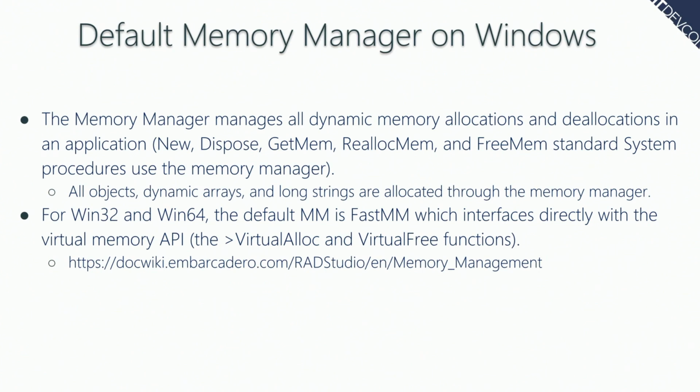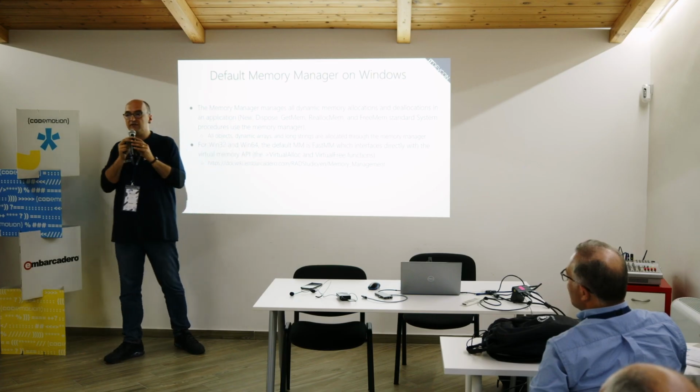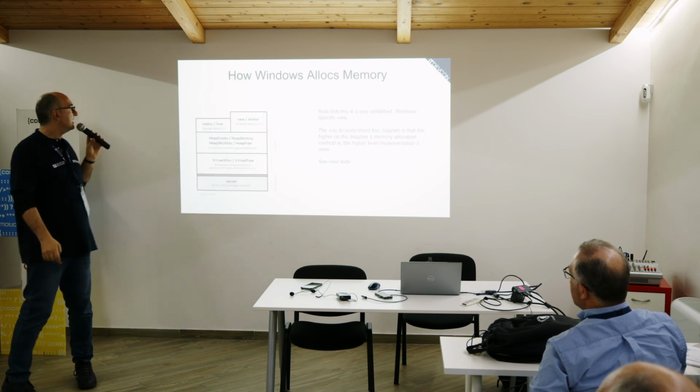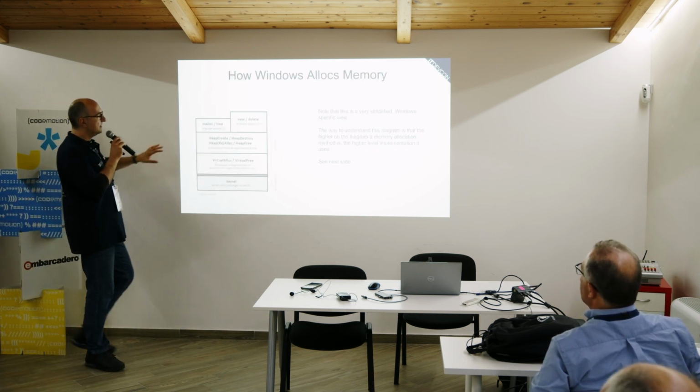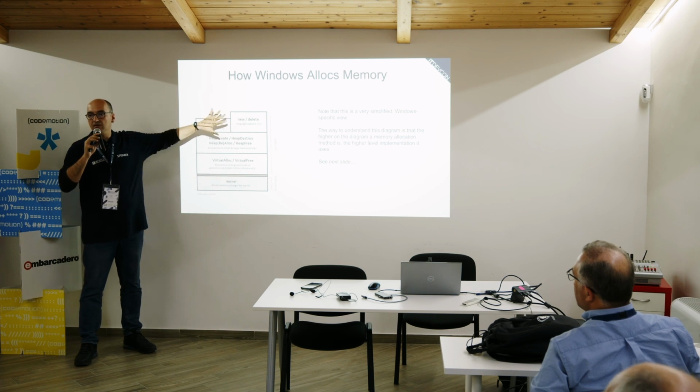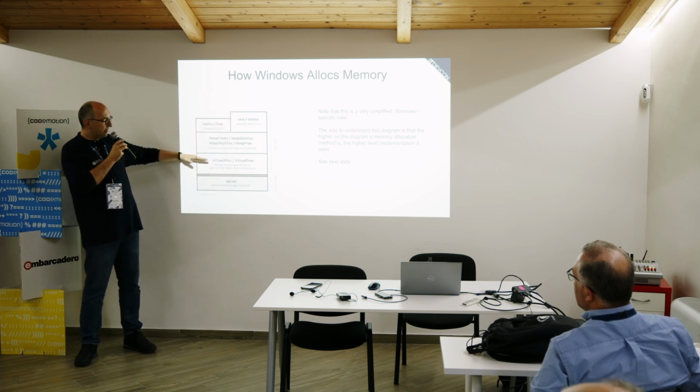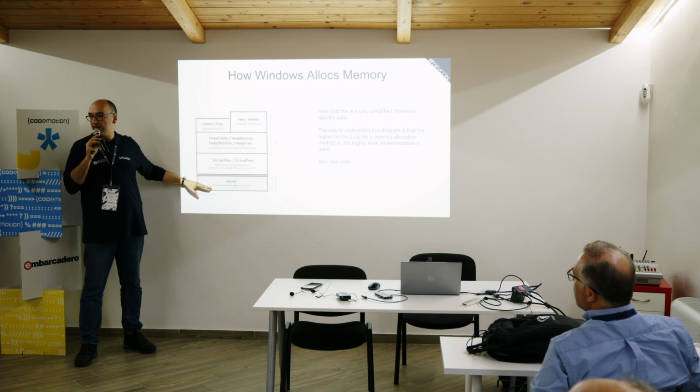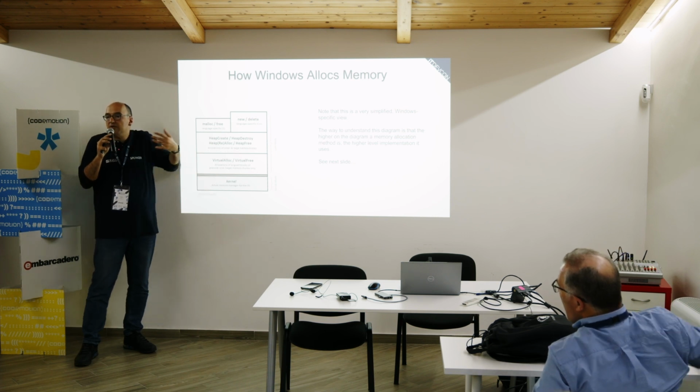How does FastMM work? It uses the Windows API VirtualAlloc and VirtualFree functions, which in this schema of the Windows memory manager functions are more or less the nearest to the kernel, which should be the faster one.